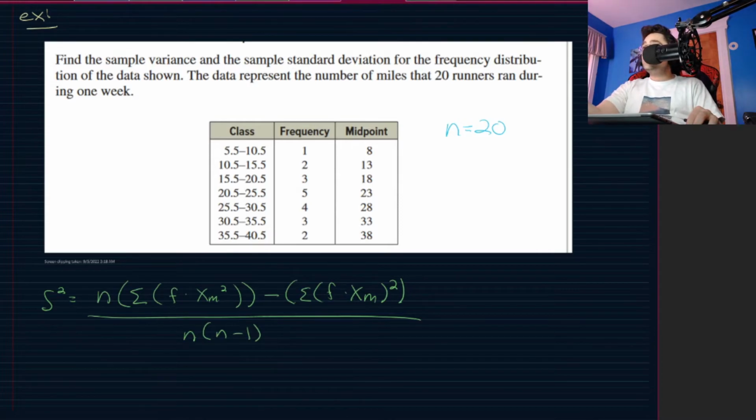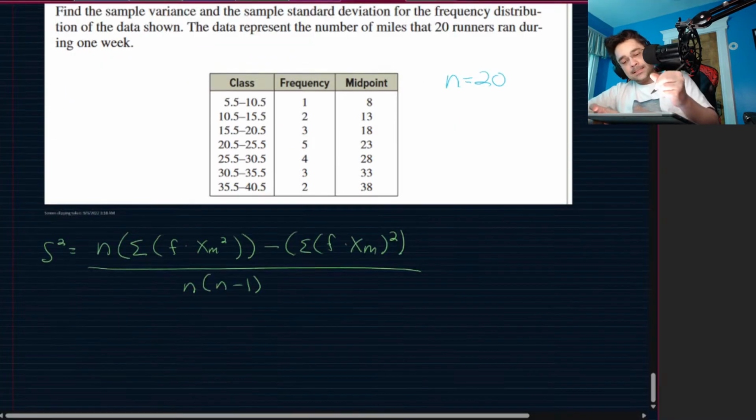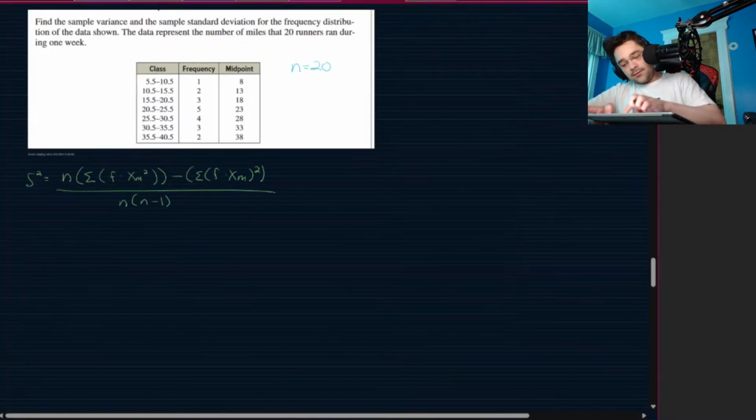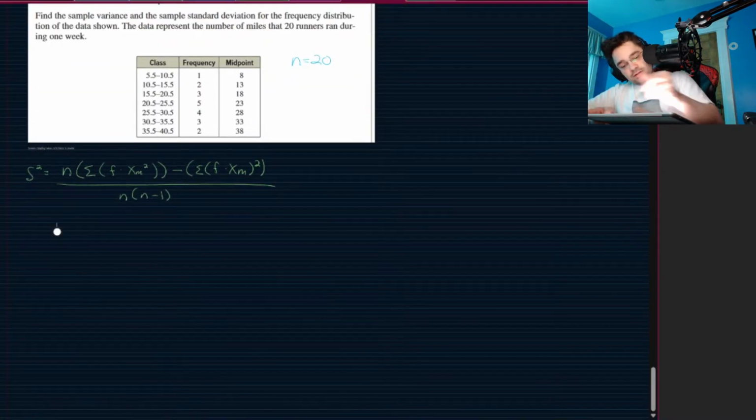So I guess we'll want a column for xm squared, a column for f times xm, and then a column for f times xm squared. And that should be about enough. Let me copy this here. I'll be super lazy.